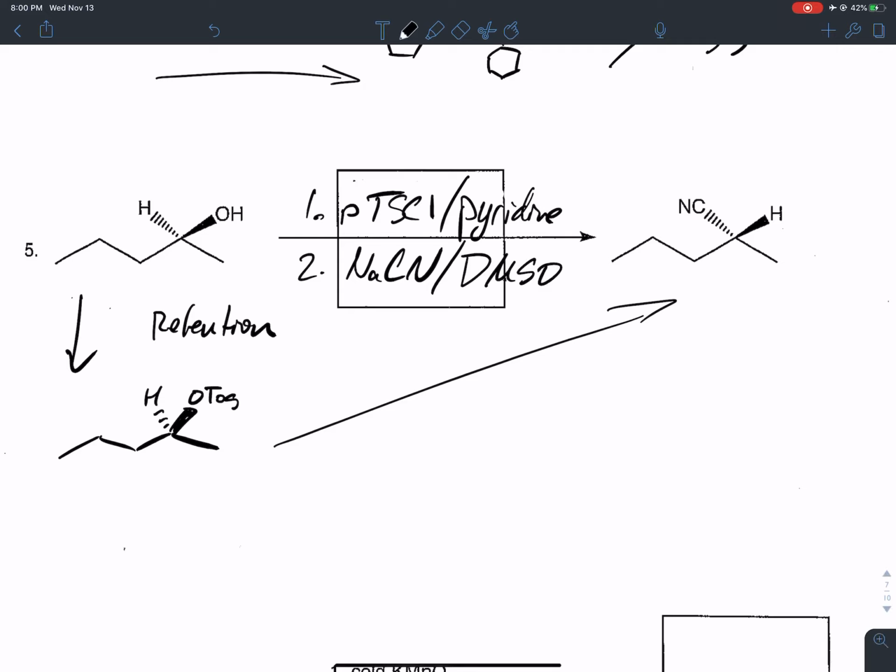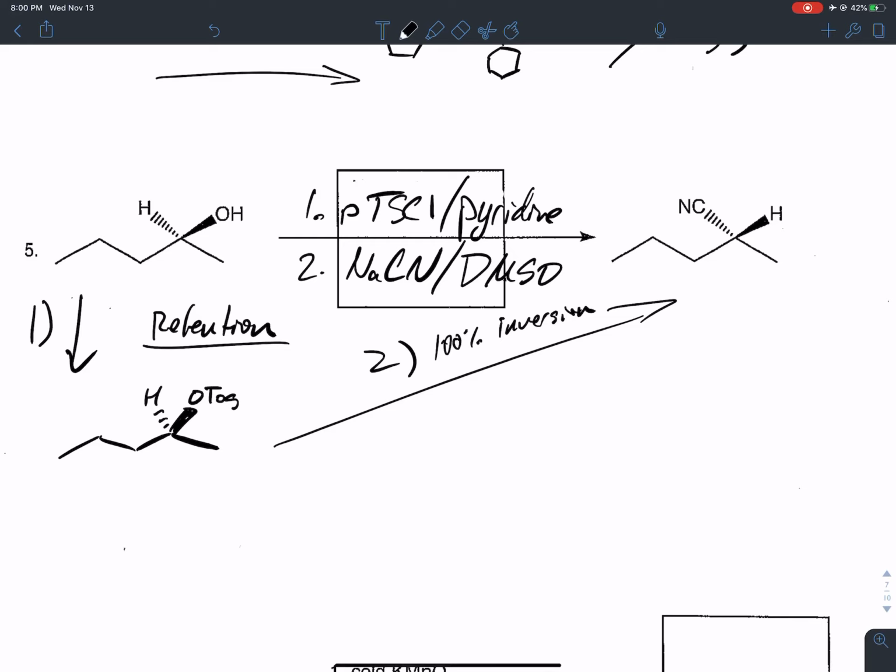There are a few you could use. Let's just use DMSO. So initially we have the retention. On the second step, we have 100% inversion. If we invert 100% one time, are we going to have inversion or retention? Inversion, yeah. So you're not going to cancel it out.